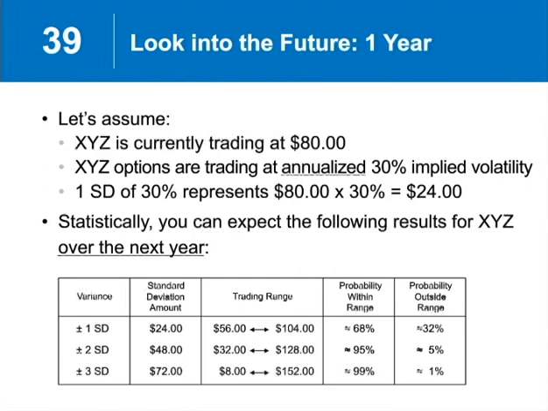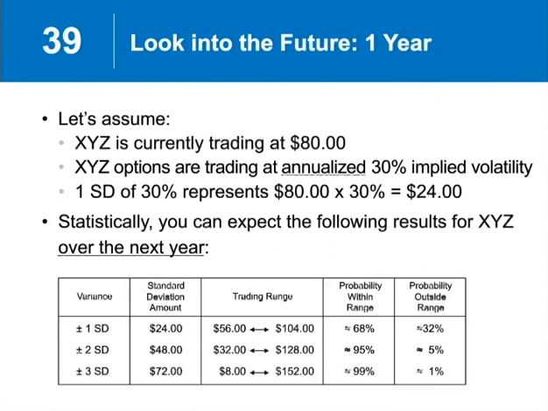We're talking annualized now. Over the course of a year, if that $80 stock is trading at a 30% implied, we can expect 68% of the time that stock to be trading in a range between 56 and 104. That's 80 minus the $24 and 80 plus the 24. That gives us that range. But again, that's over the course of a full year.